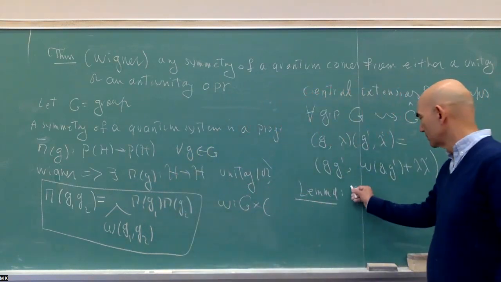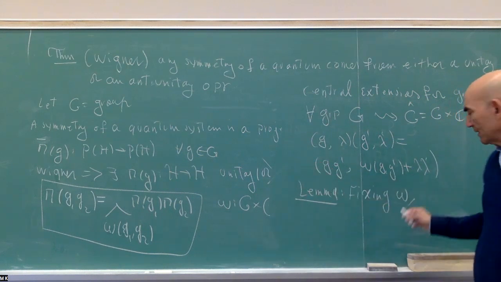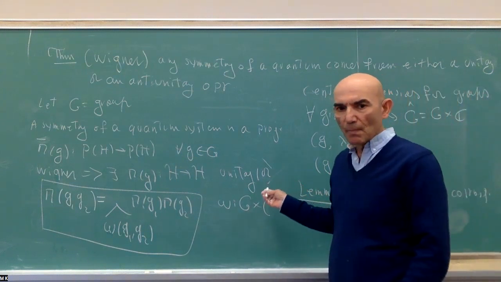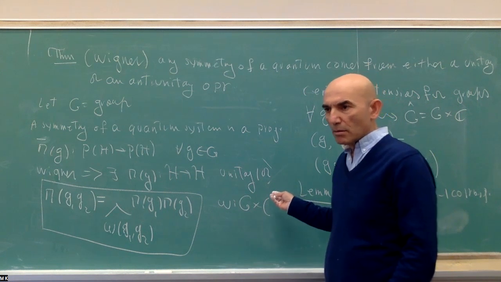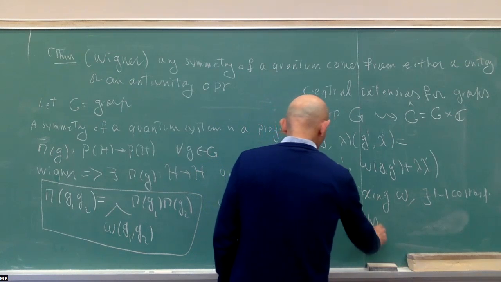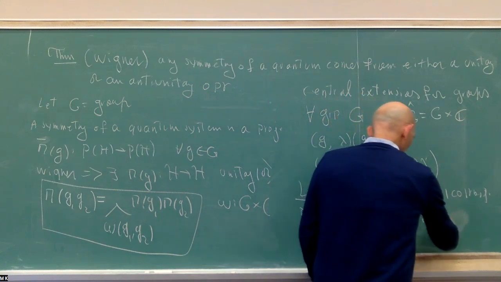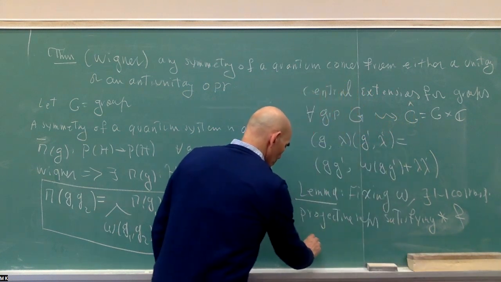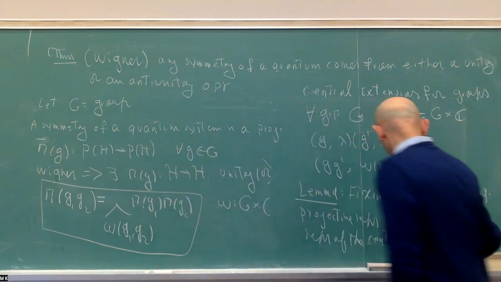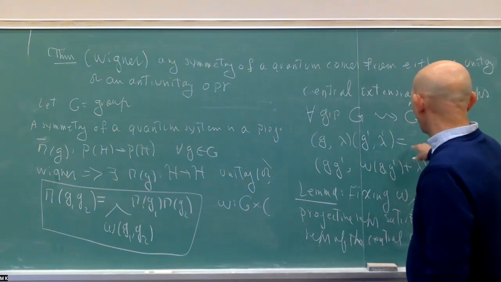Fixing this 2 co-cycle omega, there exists a 1-1 correspondence between projective representations, perhaps satisfying star, and reps of the central extension, which is defined by this one.